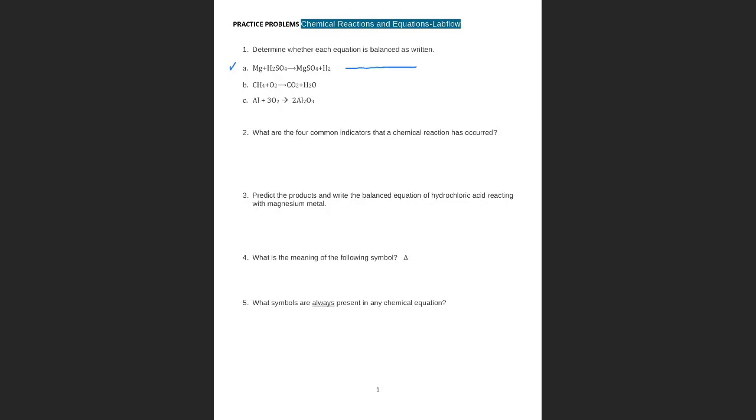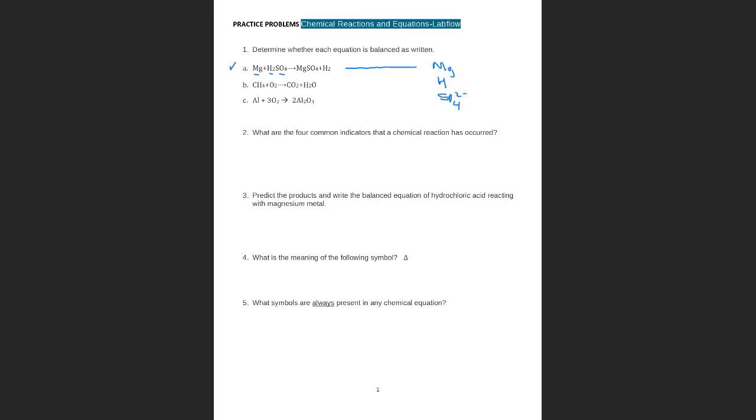In this equation, you have magnesium on the reactant side, you have hydrogen, and you have a sulfate ion. This is all you have: magnesium, hydrogen, and a sulfate.